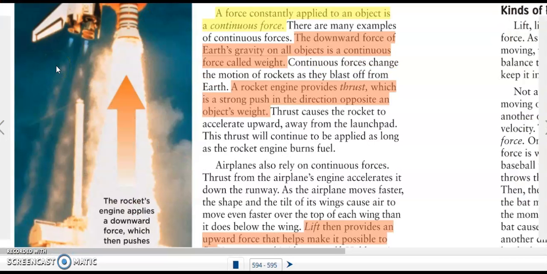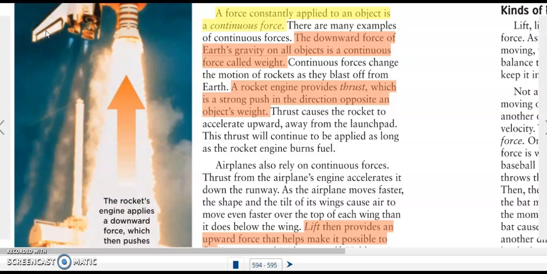Okay, guys, we have many kinds of forces. For example, we have the continuous forces, which means a force constantly applied to an object. Just like the gravitational force that's always present on you. Right now, you are standing at home, on a chair, on a table, whatever you want.